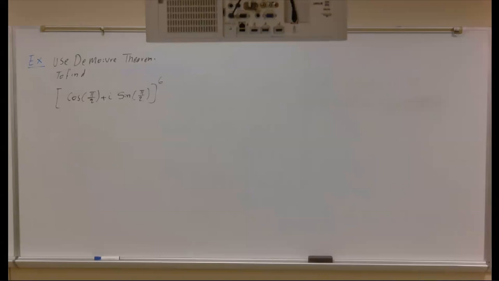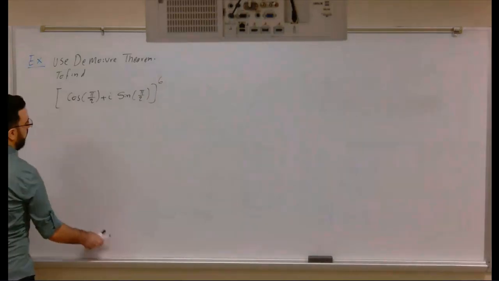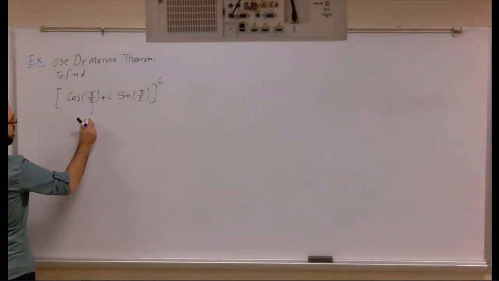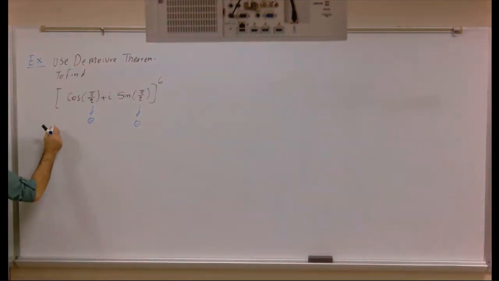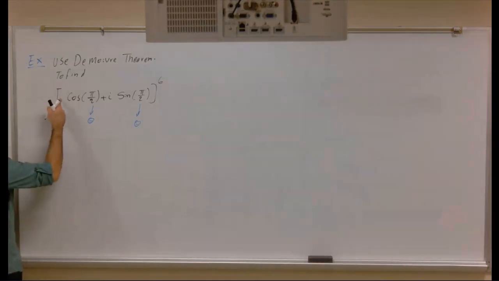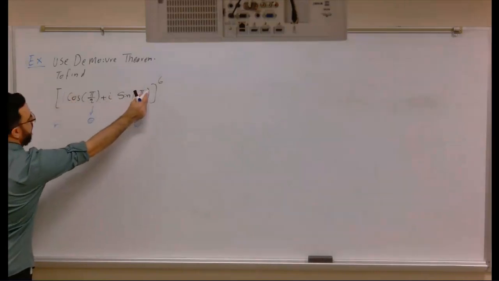Another example. We use DeMoivre's theorem to find cosine pi over 2 plus i sine pi over 2 to the power 6. So we already know this is the theta. How much is the r? 1. The r is 1. You can say the r exists here, these are two in parentheses.